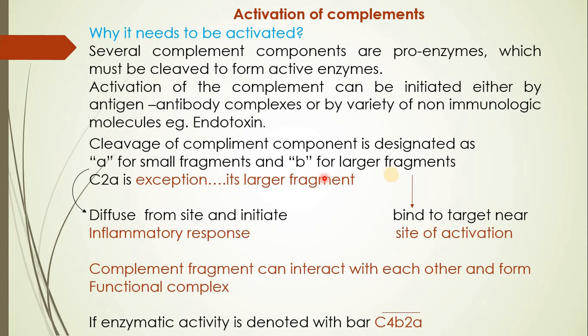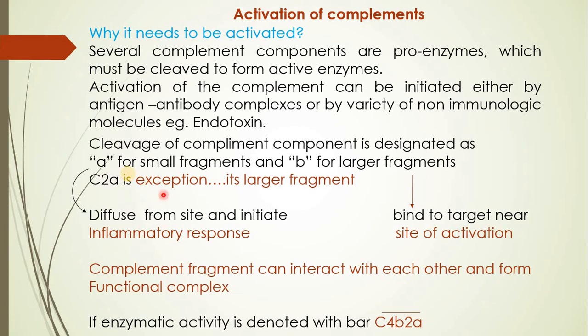Whereas the larger fragment B always has the potential to bind with the target cell, which is always near the site of activation. Now for this, each of C1 to C9 can be cleaved as C1A, C1B and so on.